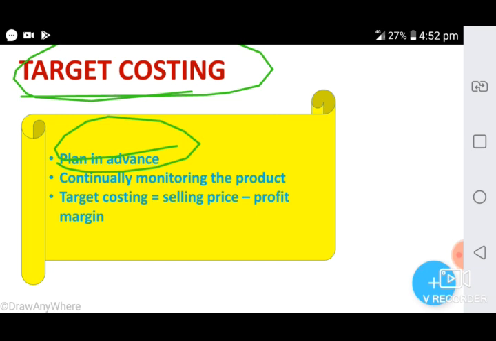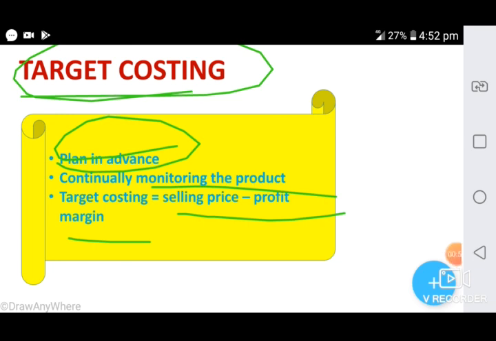It continually monitors the product from the moment it enters the design phase and onward throughout its product life cycle. That is why target costing is an excellent tool for planning a suite of products that have a high level of profitability. Equation of target costing: target costing equals selling price minus profit margin.